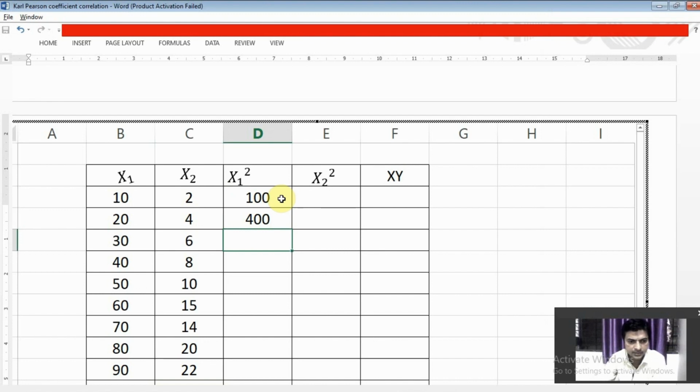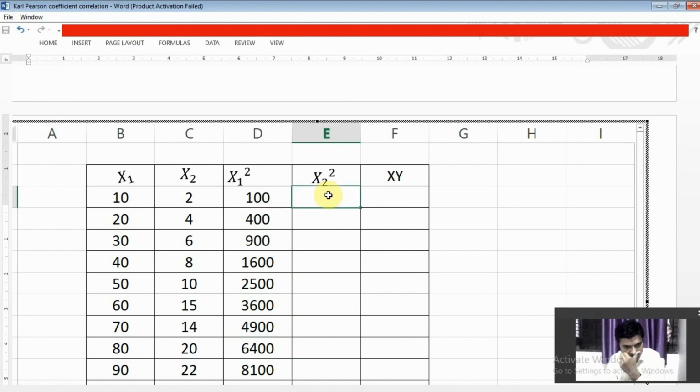Orally we can do it. 30 square is 900, and 40 square is 1600. 50 square, 60 square, then 70 square, 80 square, and last one is 90 square. So easily one can do it.